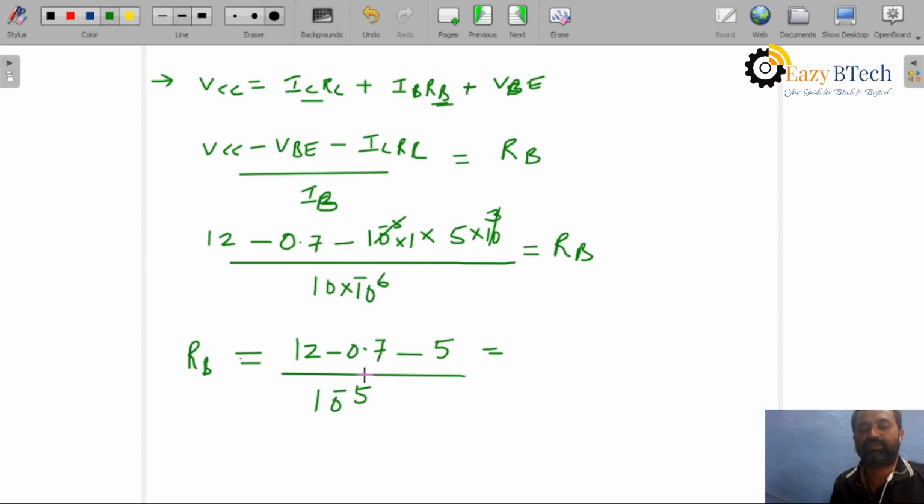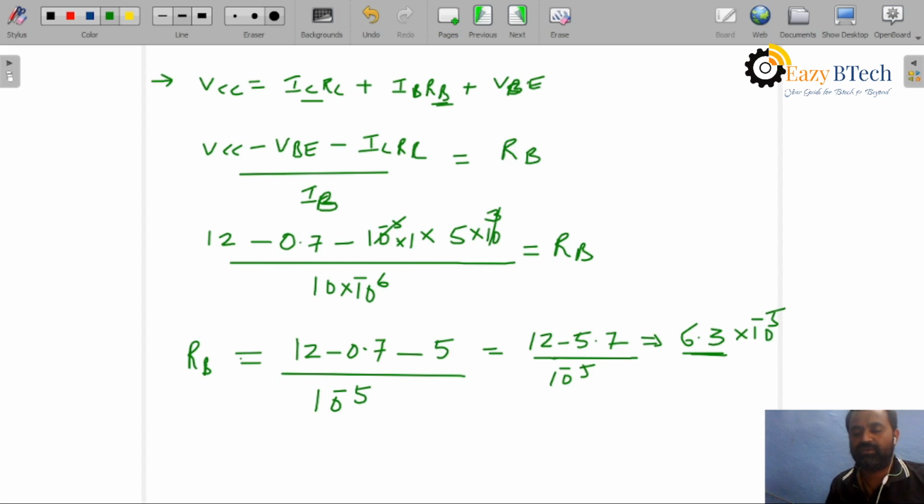Now 12 minus 5.7 you will get 6.3 into 10 power minus 5.